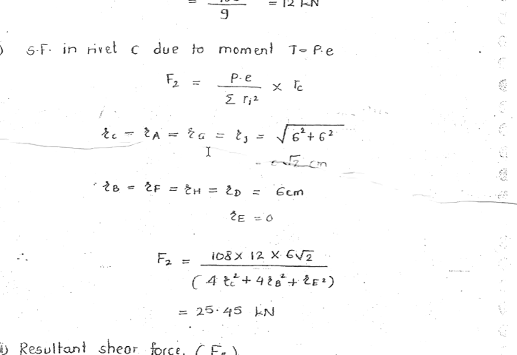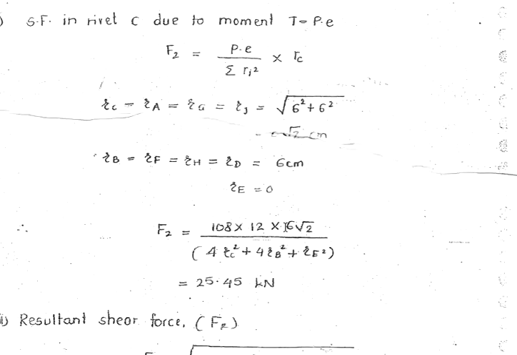into these values, because there are 1, 2, 3, 4 rivets, so 4 RC square plus 4 RE square. These 4 fasteners are at equal distance, so 4 into RC square plus RE square, where this is 0. So this is 4 into 6 root 2 square plus 4 into 6 square plus 0.